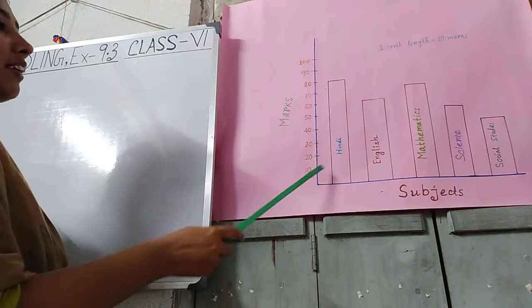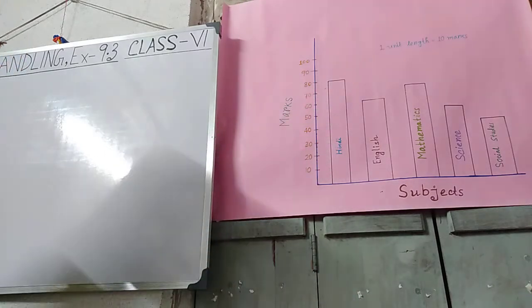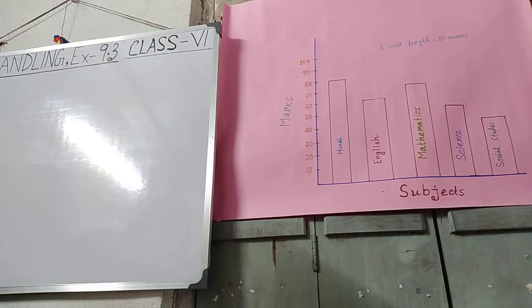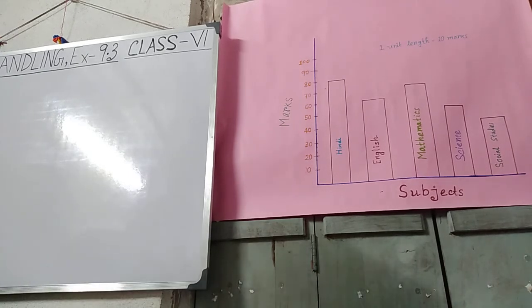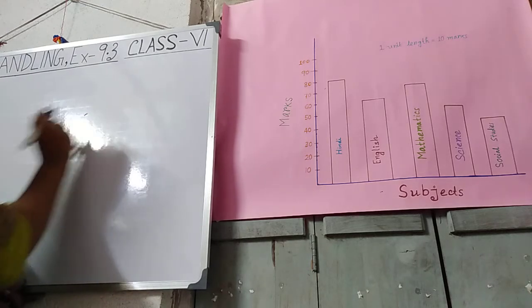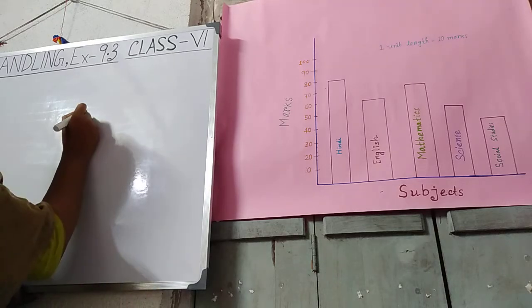This bar is for the subject Hindi. So for the answer it will be Hindi, which is the name of the subject in which Aziz scored maximum marks. So for the answer of the second question, question number B.